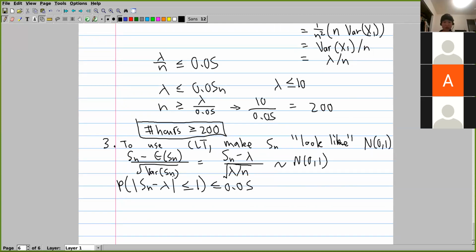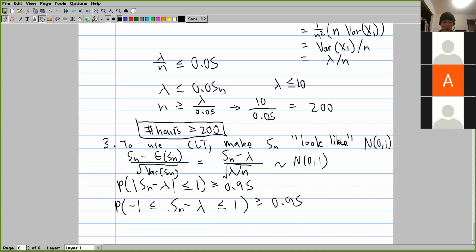So now we have to make this sort of look like this. So the rest is pretty much just algebra. Wait, sorry, do we not want it to be greater than 0.95, right? We want the absolute, yeah. Okay.